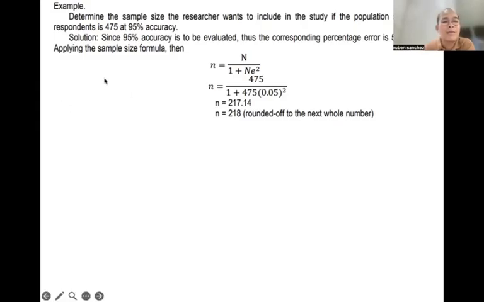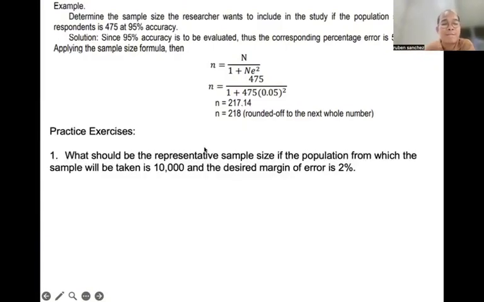Applying the formula, we simply substitute the capital letter N, the population, 475, divided by 1 plus the population multiplied by the margin of error, 0.05 raised to the power of 2. The answer is 217.14, and the final answer is 218, rounded to the next whole number, class.